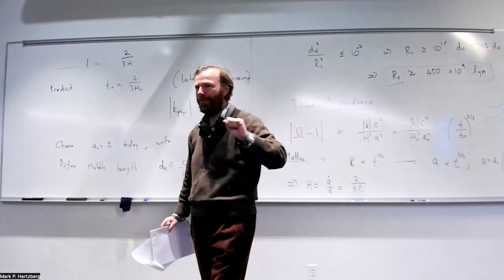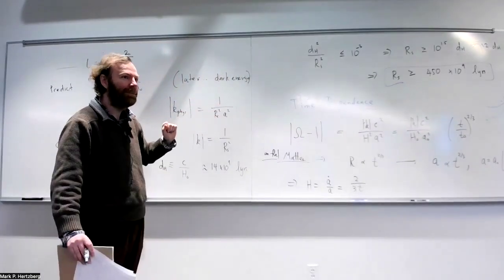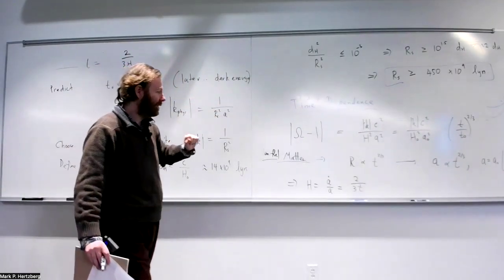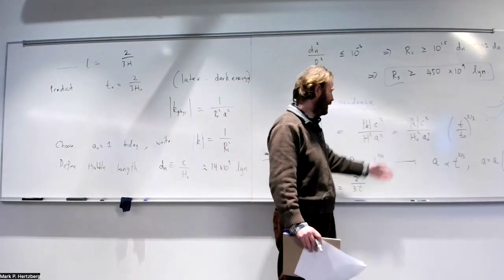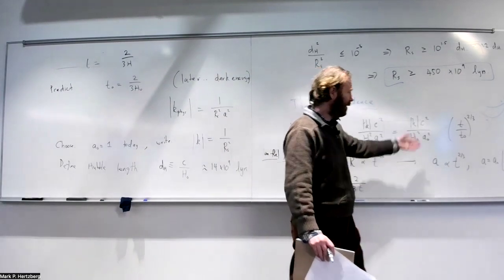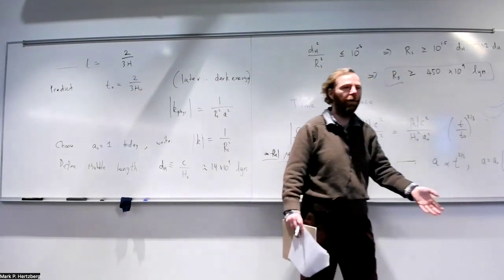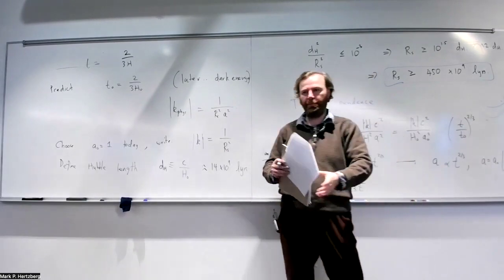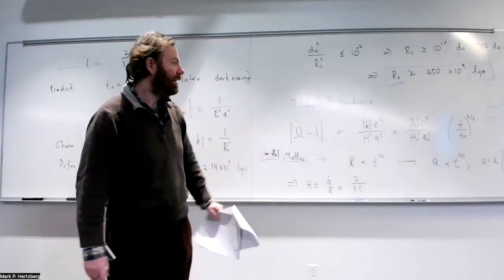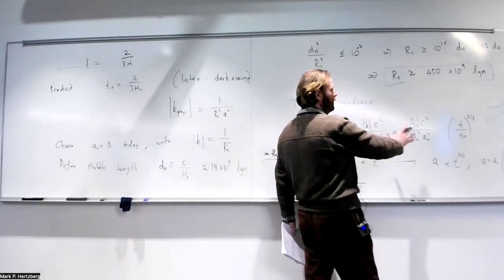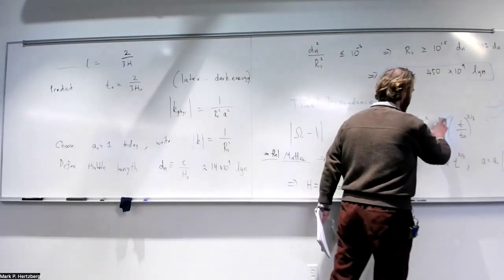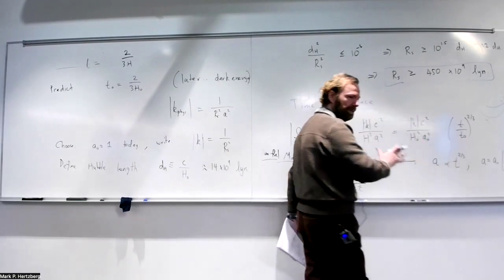Is that all right? The 1 over H squared will give me a t squared upstairs. And then you have to divide by an a squared, and that will give you a 1 over t to the 4/3. So altogether you get t to the 2/3. And you see my little noughts are valid because I know that this thing is proportional to t to the 2/3, and it matches when t equals t naught by construction.